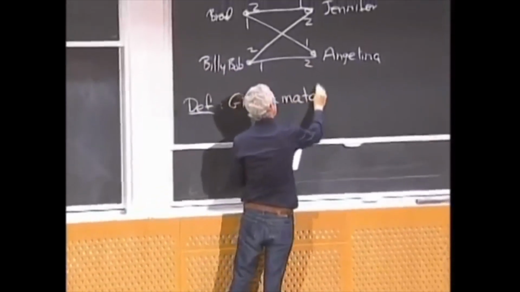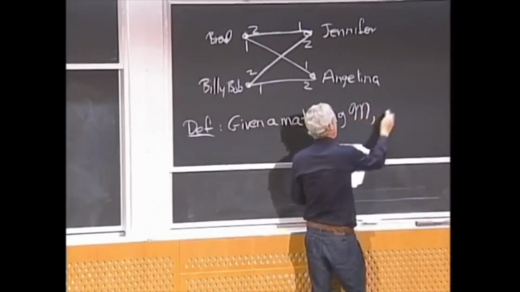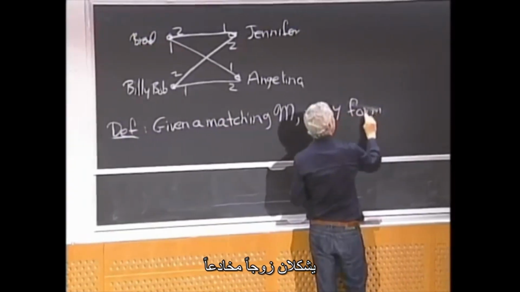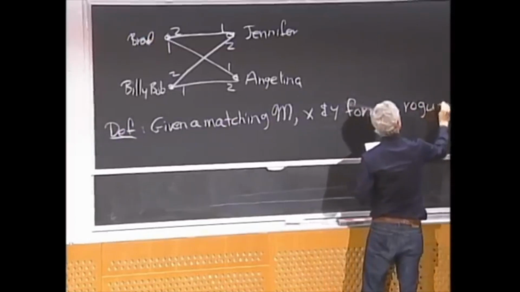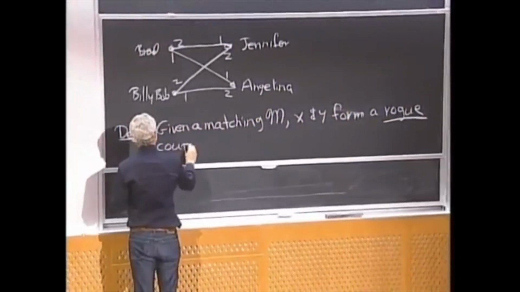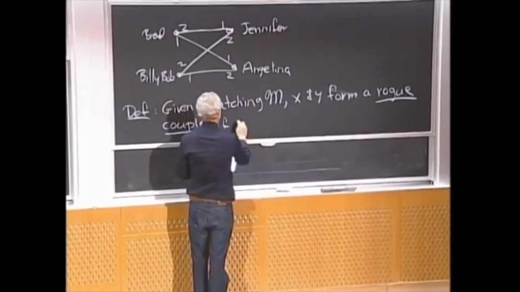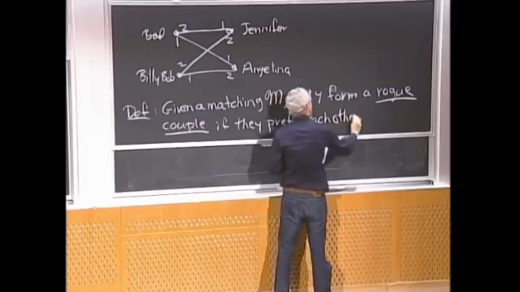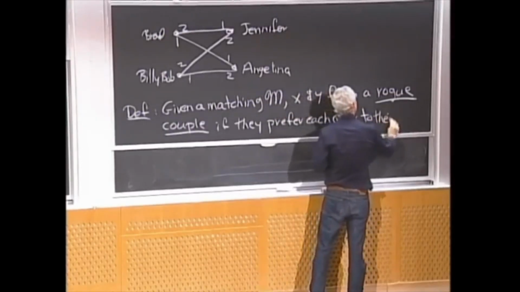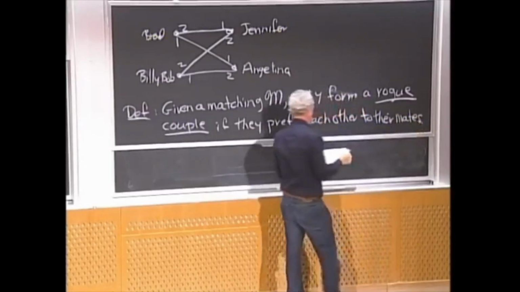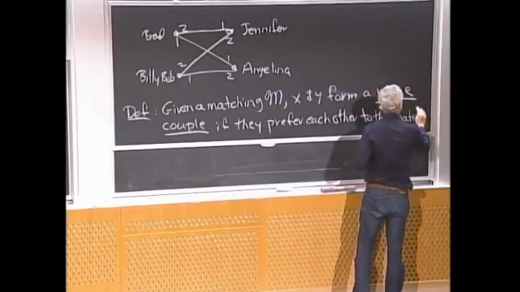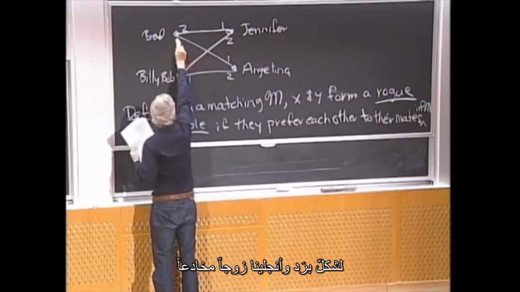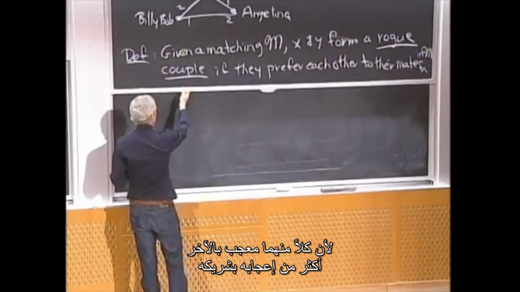Given a matching M, X and Y, a boy and a girl, say, form a rogue couple if they prefer each other over their mates in M. All right, so here, if we married Brad to Jennifer and Billy Bob to Angelina, Brad and Angelina form a rogue couple because they like each other better than who they were hooked up with.